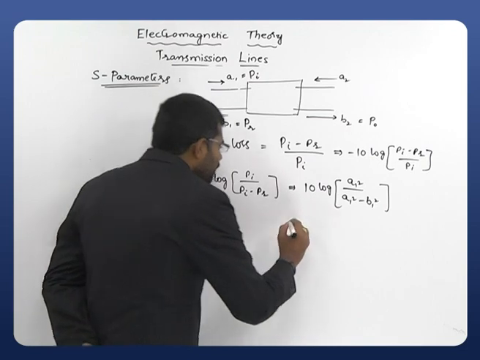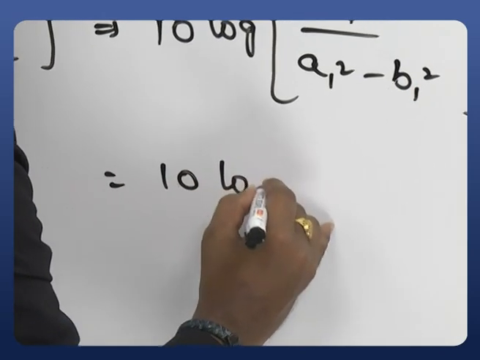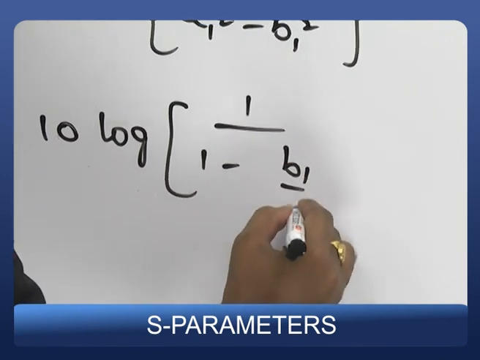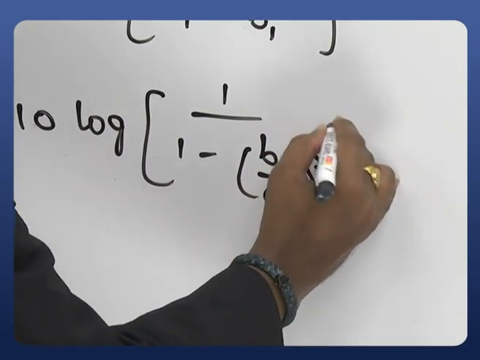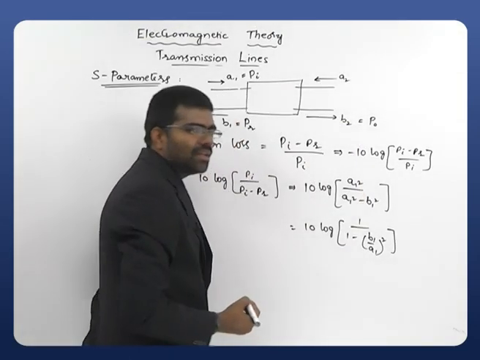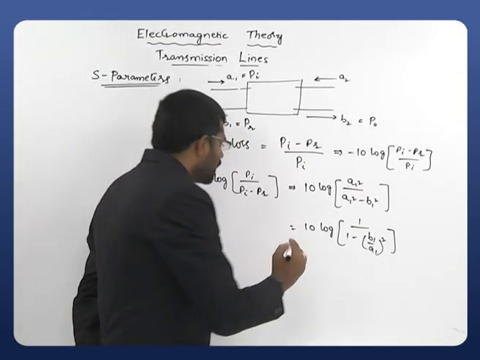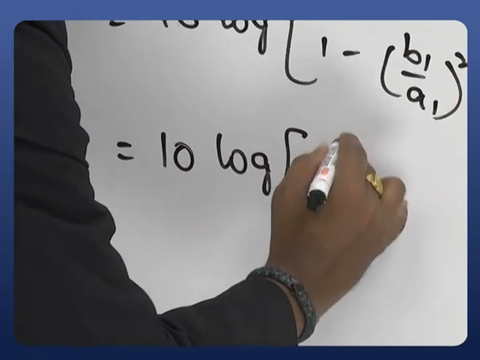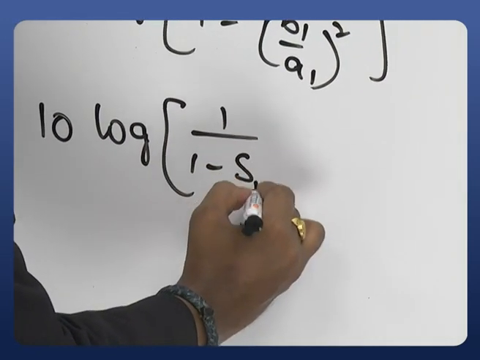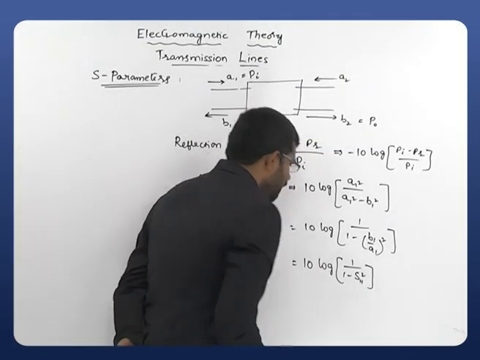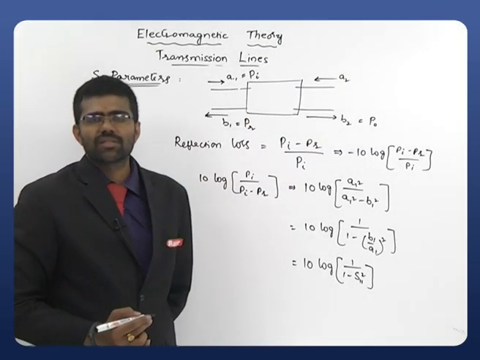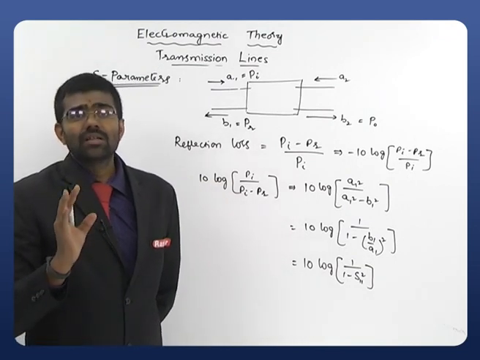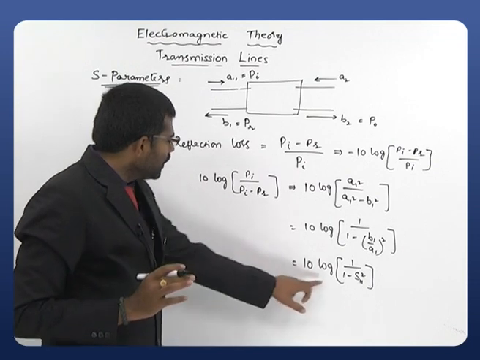Then what you will get here is 1 divided by 1 minus B1 by A1 whole square. This B1 by A1 is nothing but the reflection coefficient at port 1, that is S11. So it equals 10 log of 1 divided by 1 minus S11 square. Simply this is the reflection loss: how much amount of power will be reflected or lost in the reflection form. So this is the simple reflection loss.